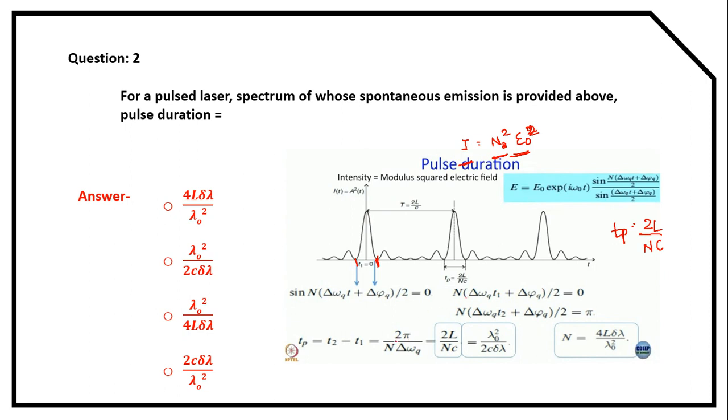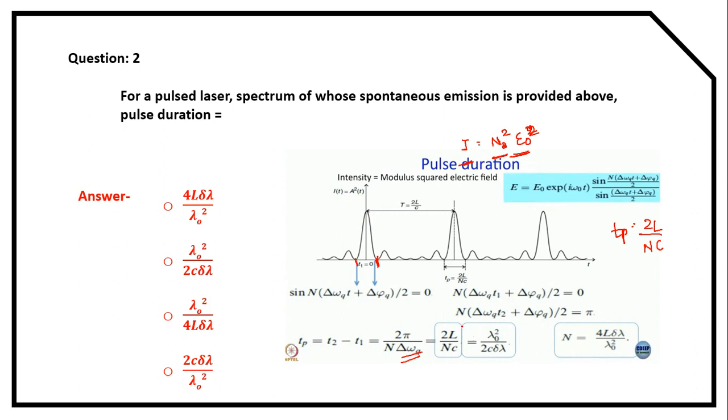Now there is a further expression where we can use this value, using the value of delta omega q, which we got from the Q factor value, and Q whose value was given as 2 pi into tau upon T naught.